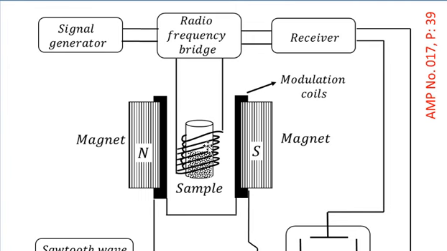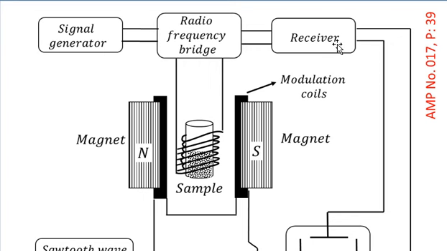And of course, a magnetic field B1 is produced across the sample. So when the value of the magnetic field B1 matches with the separation of the hyperfine levels in the material, then of course the resonance condition will occur. That is, the energy from the field will be absorbed by the sample, and that reduction in the value of the magnetic field will be recorded through the receiver through this radio frequency bridge circuit.